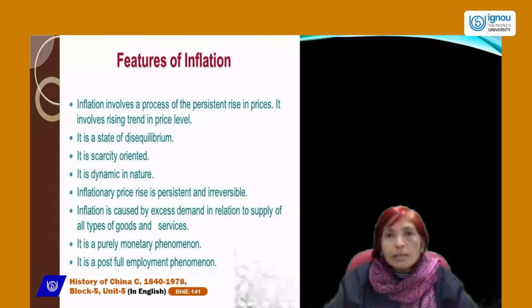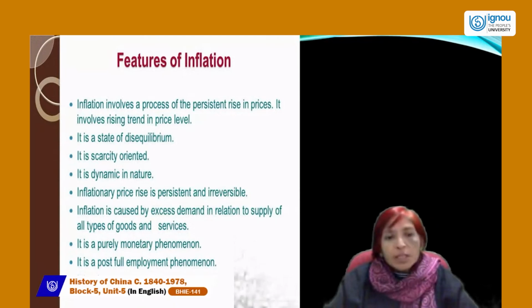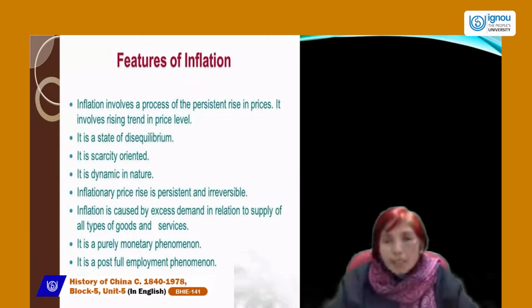Nothing is static in this world. So inflation is dynamic in nature. Inflationary price rise is persistent and irreversible, because when prices increase, that can't be reversed. So it is irreversible in nature.